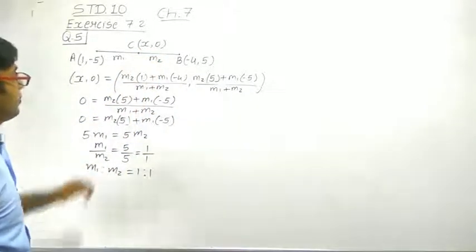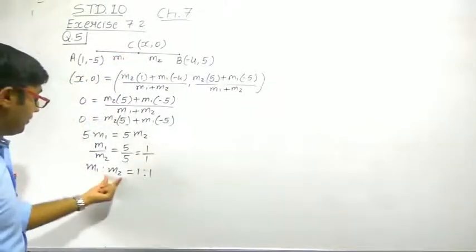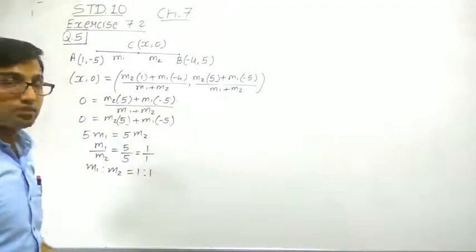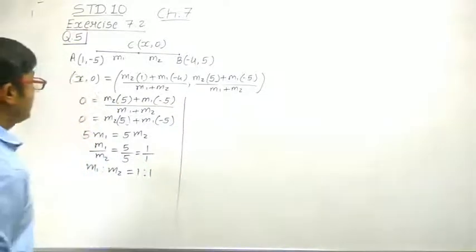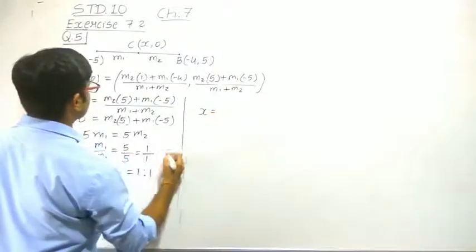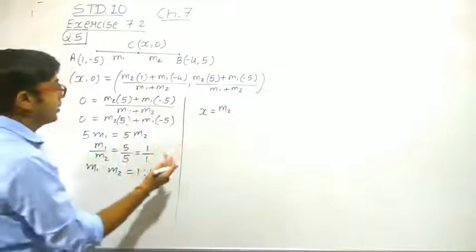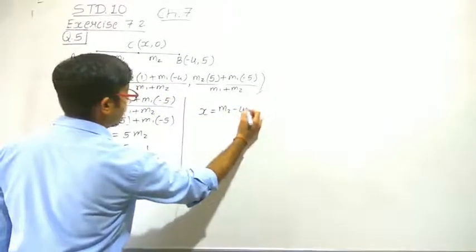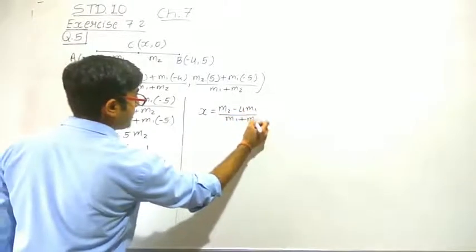To find the value of the x coordinate, we can put in the m1 and m2 values when we compare the x coordinate. So let us first compare the x coordinate. We get x is equal to m2 into 1, that is 1, minus 4 into m1, that is minus 4 m1, upon m1 plus m2.